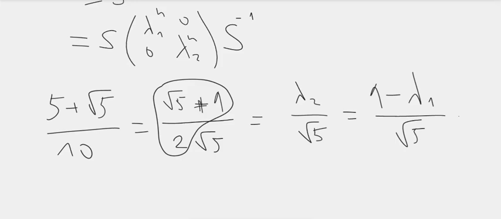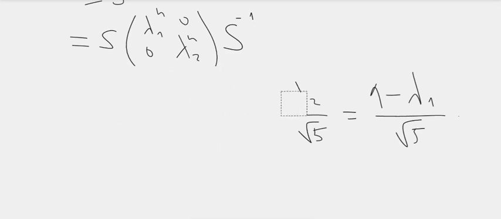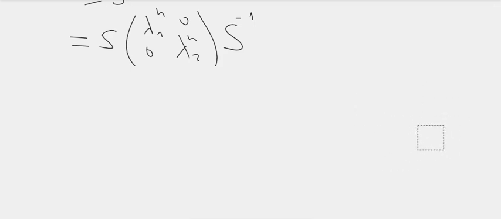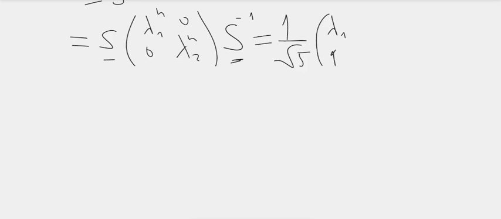replace the expression. So let me remove this. So now we write that this is equal to 1 over square root of 5. So this comes from this. Then matrix S, which is lambda 1, 1, lambda 2, 1.